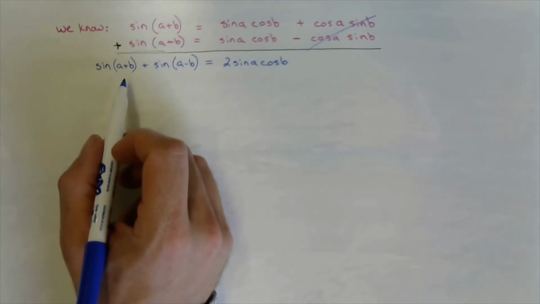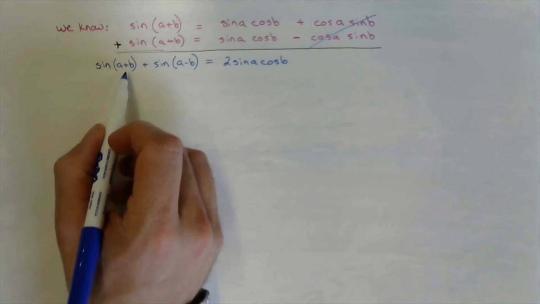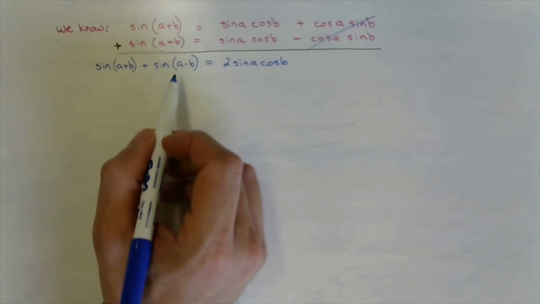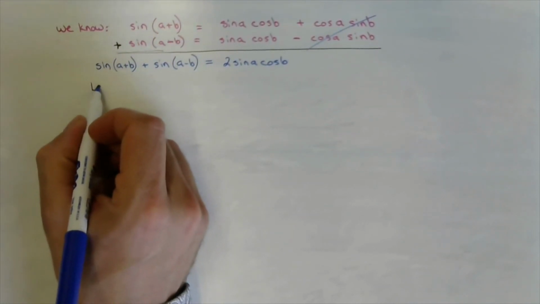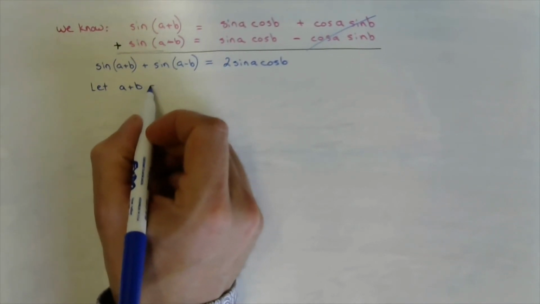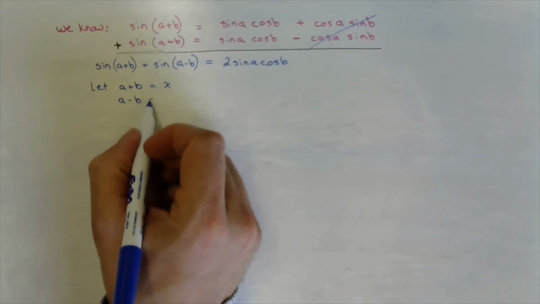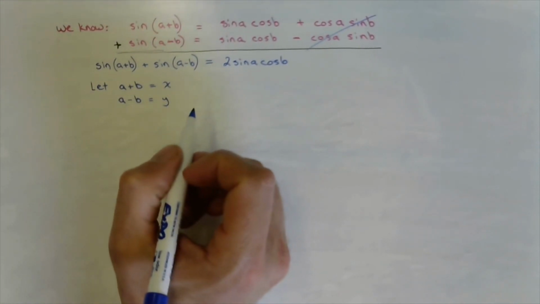But if you look at the left side, sine x plus sine y, that's essentially what we're working with right here, except this is x and this is y. Okay, so we are going to let a plus b equal x, and we're going to let a minus b equal y.